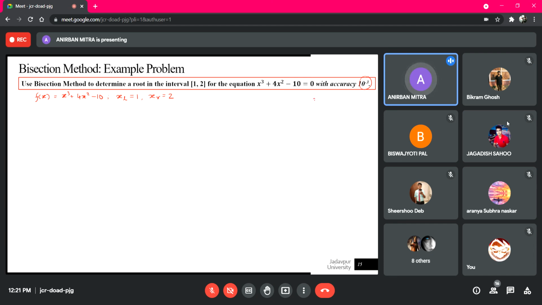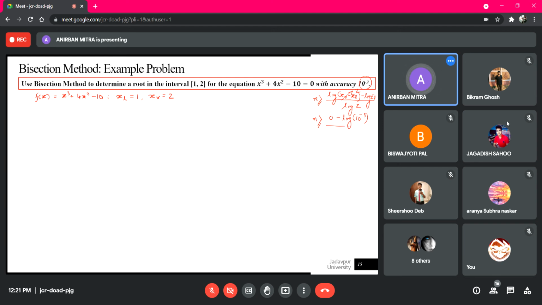So we know the formula, that is, log of (XR minus XL), by the way, this is 2 minus 1, so 1. Log of 1 goes to 0. We have log of, say, Et divided by 2. This is 1, as I said. So n would be 0 minus log of 10 to the power minus 3.